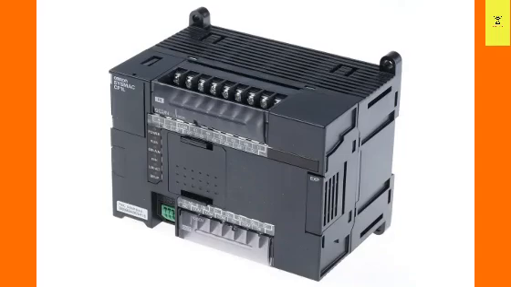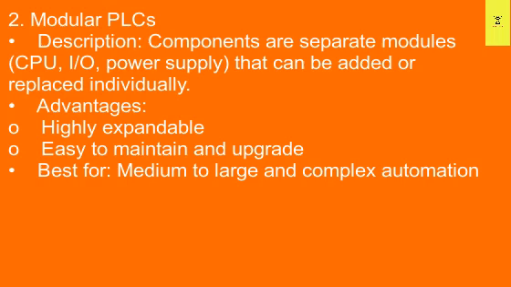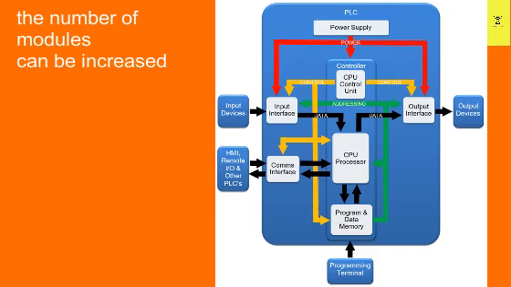The next is modular PLC, the next type of PLC. In a modular PLC, components like CPU, input and output, and even power supply are separate modules that can be added or replaced individually.